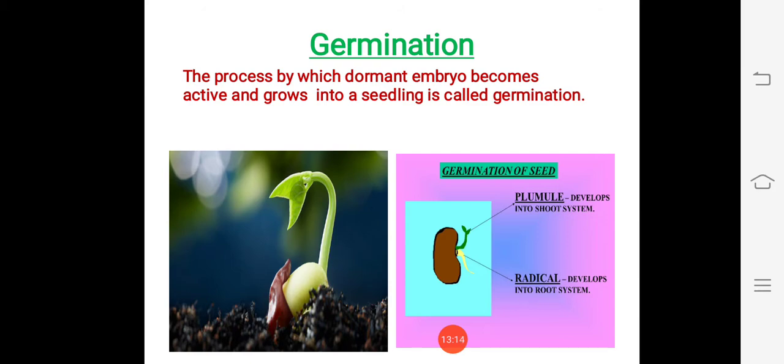At first, the seed absorbs water and swells up. Then the seed coat ruptures and the radicle and plumule emerge out of the seed. The radicle grows downwards while the plumule grows upwards. The radicle develops into root and plumule develops into shoot system.